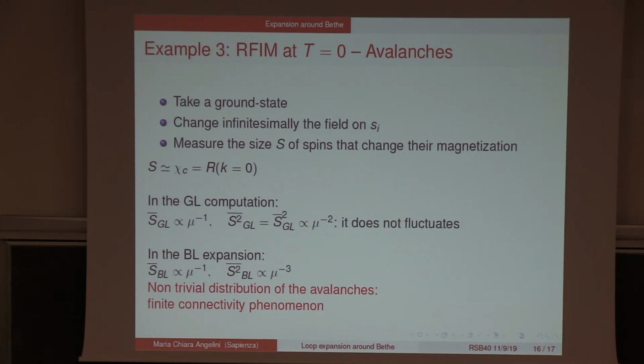So this new expansion can give us predictions on the avalanches. And this is really new because avalanches are really a finite connectivity phenomenon. And in fact, you cannot really obtain any prediction on avalanches just based on the usual Ginzburg-Landau expansion. So we obtain the usual scaling for avalanches, and we are really happy.